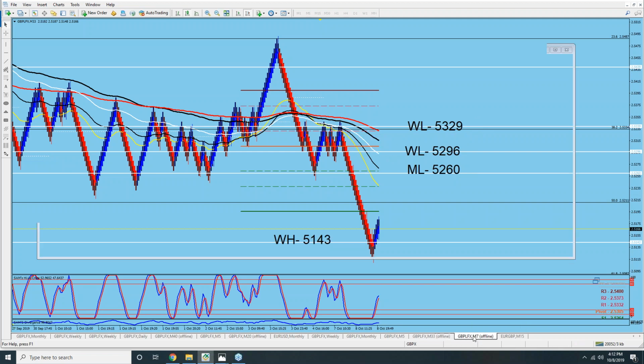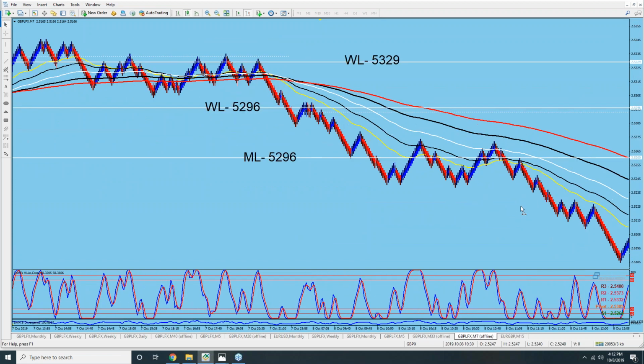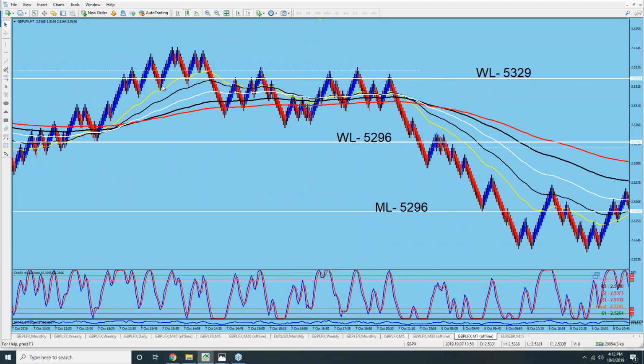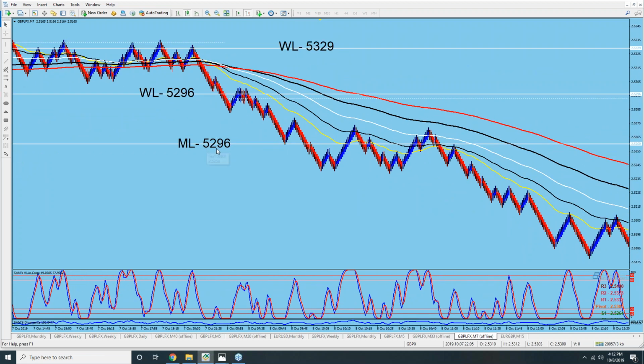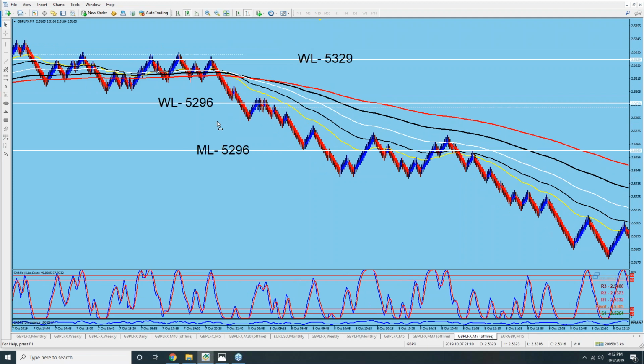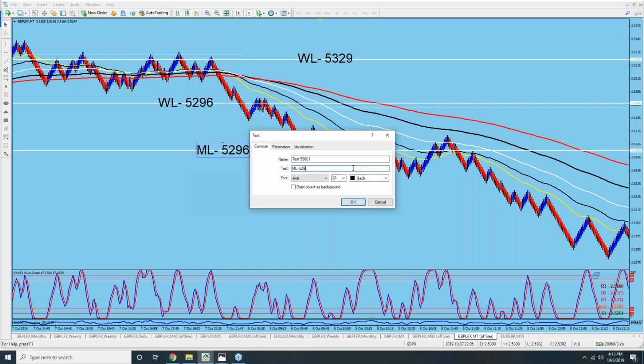Look at the 7-minute chart, how this thing starts reacting. Look at that. All right, so this is 53.29. If you've been watching, you will see clearly that it's not going above it, it's just wobbling and staying below it, and all of a sudden, boom, 52.96, and then it started dropping. This is 52.96, and this is 52.60.